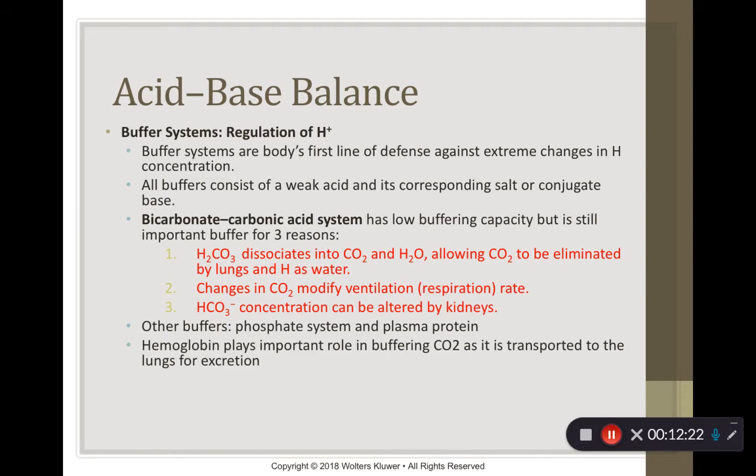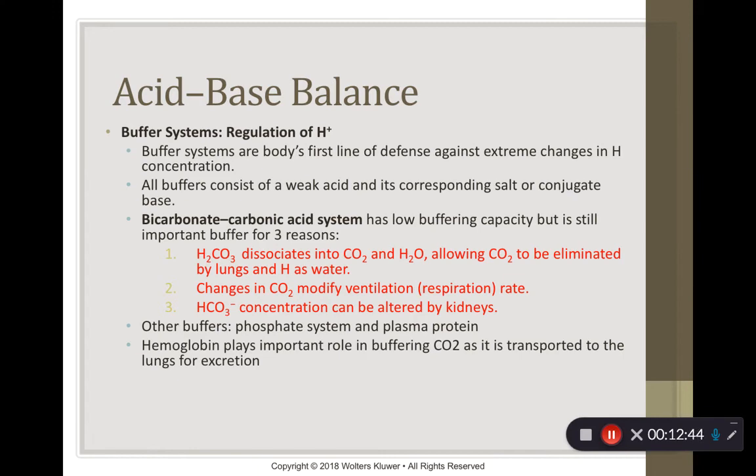Okay, so the measurements of components in this bicarbonate carbonic buffering system will provide us information that regulate production, retention, and excretion of acid and bases.